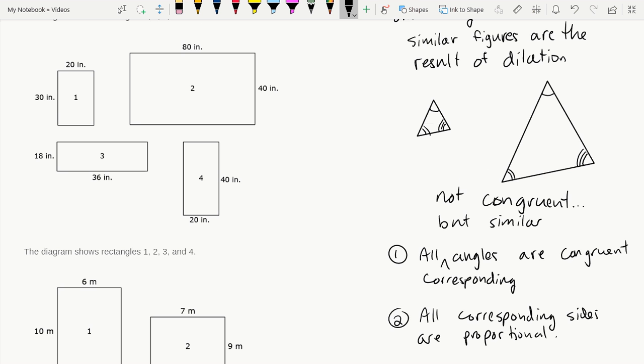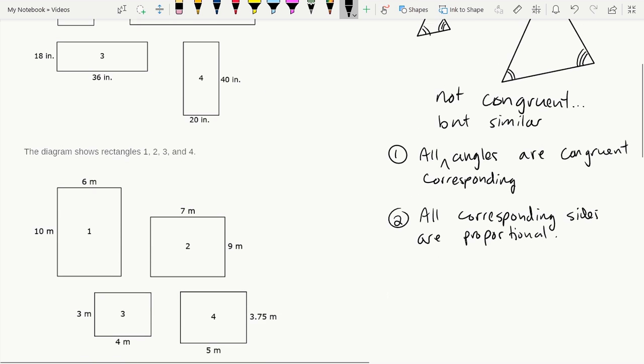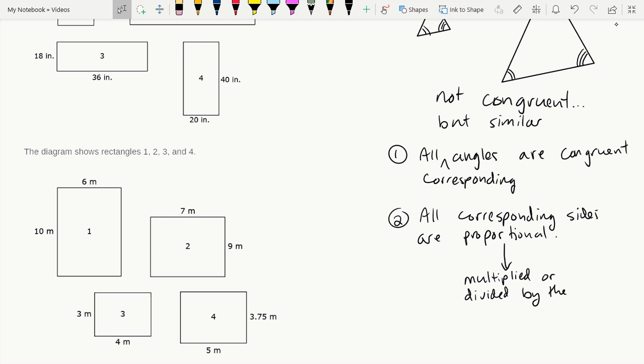So what the heck does proportional mean? A good way to think about it is multiplied or divided by the same number.